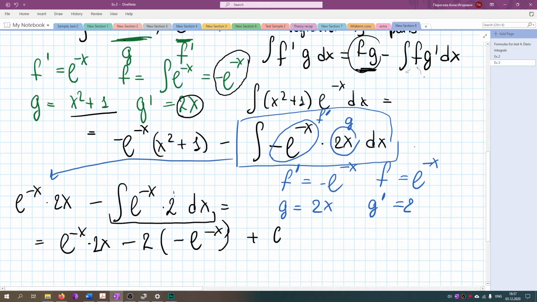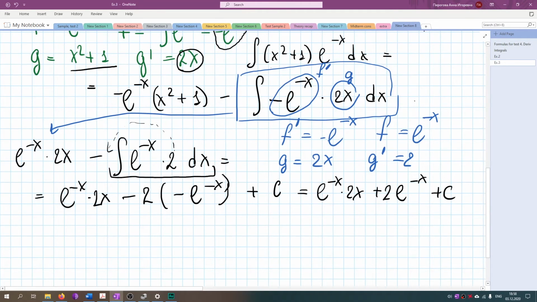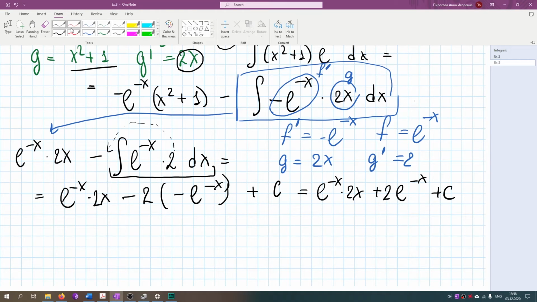So we take 2 out of the integral. So it is only the part of our answer. So I will rewrite it to make it even more simplified. So it was only the part of the answer because we were talking about only the right part of the expression.